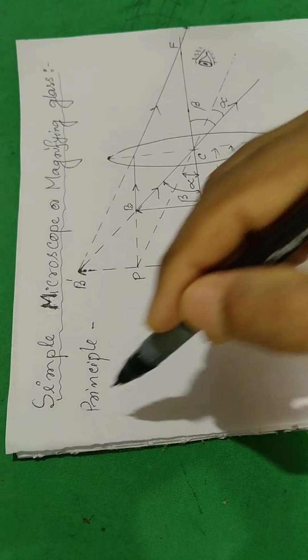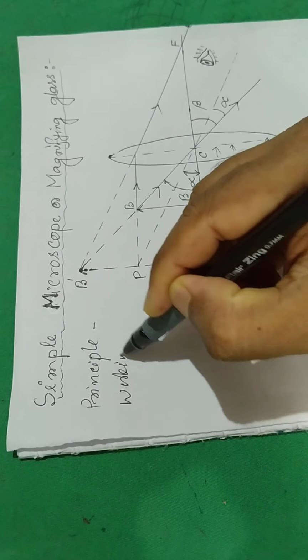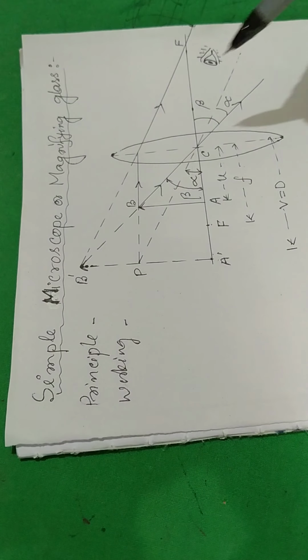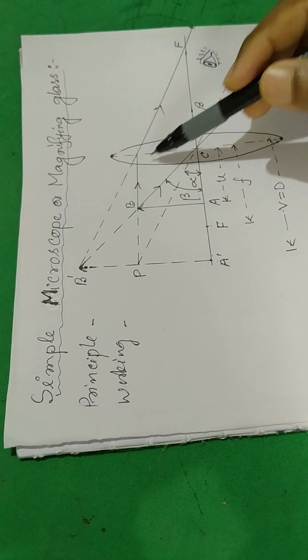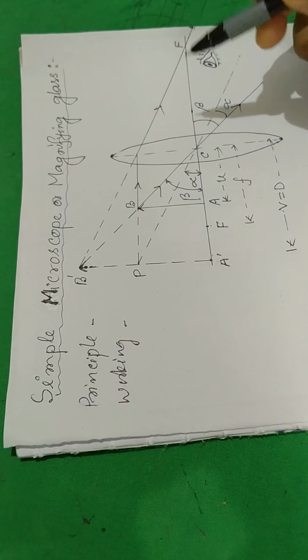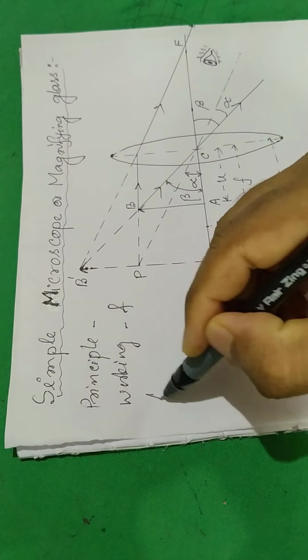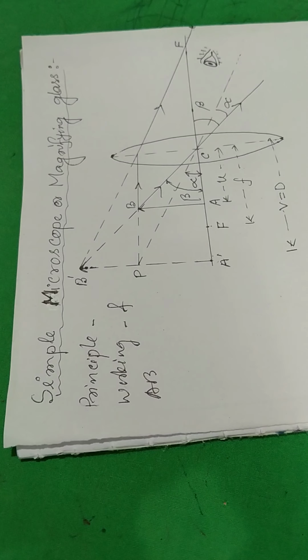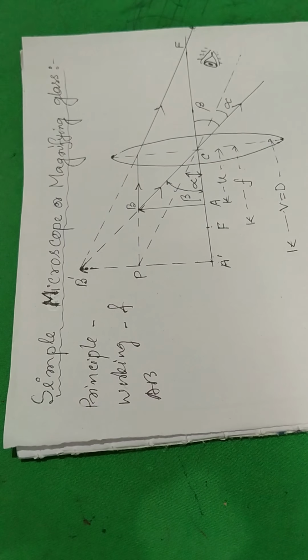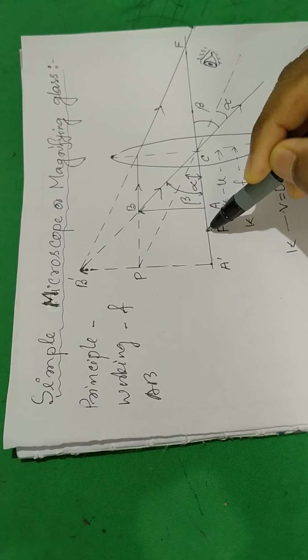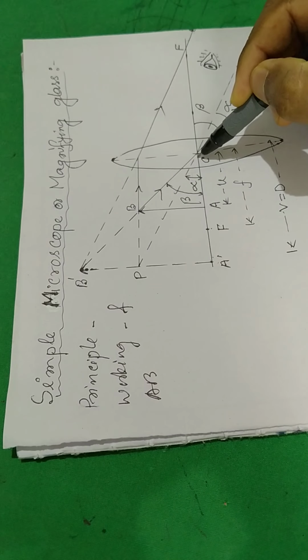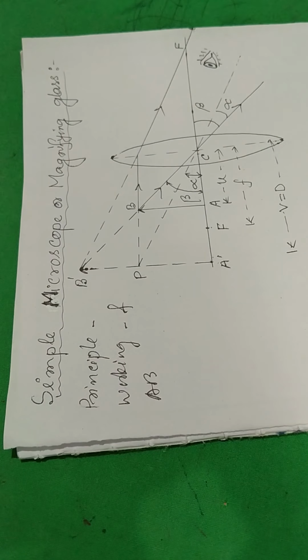How does it work? You see the diagram, we are considering that this is a convex lens of focal length f. Let AB be an object which is placed in between principal focus F and optical center C. Then the rays of light from the object do not meet after refraction through the lens.